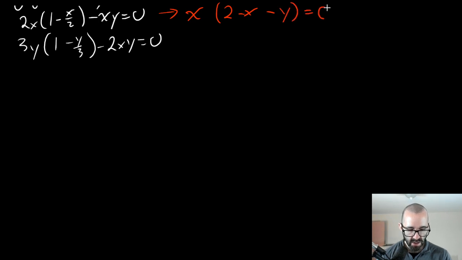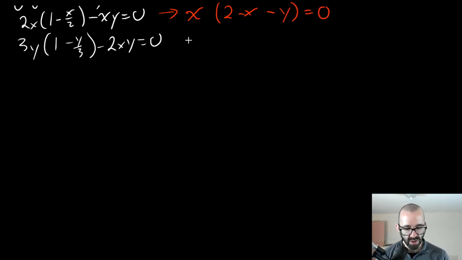Let's clean up. Let's factor the first one a little bit and see what happens. I didn't actually look this far ahead. If we factor out an x, what do we get? We're left with 2 minus x here. If you factor out an x, this is just 2, this is minus x, and then minus y equal to 0.